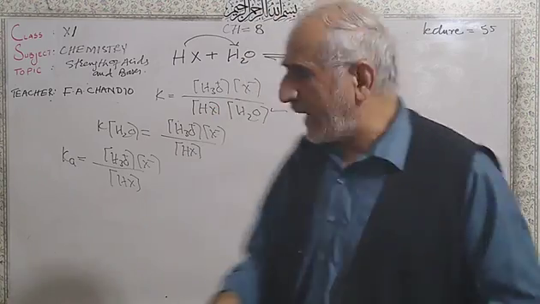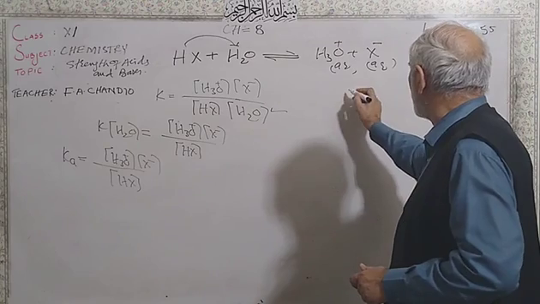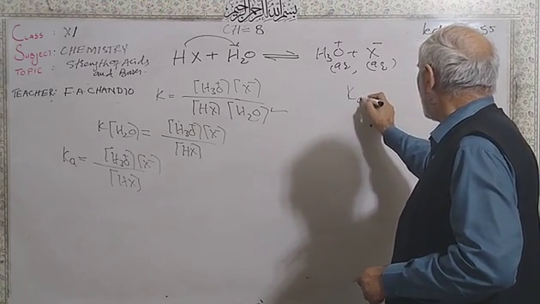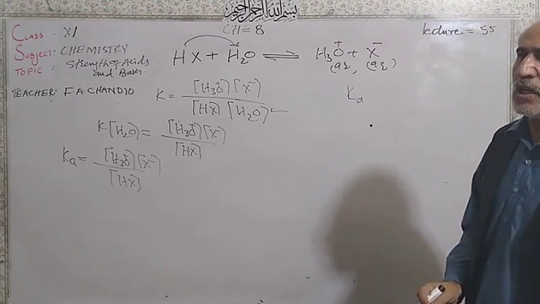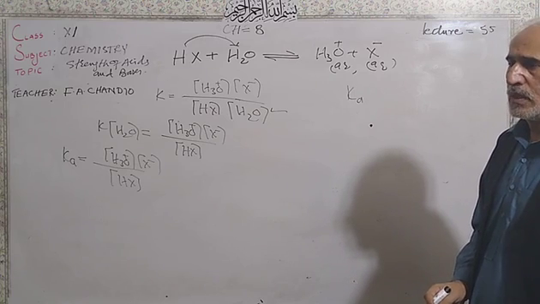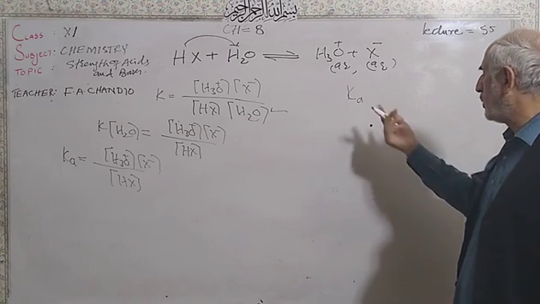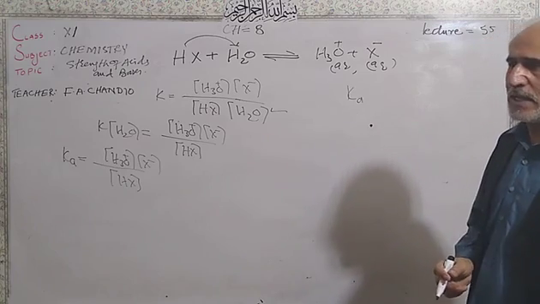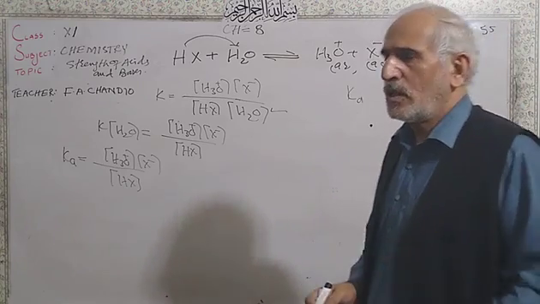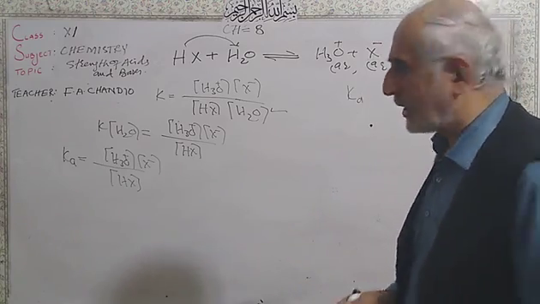The larger the value of Ka, the stronger the acid. A strong acid will be more dissociated.